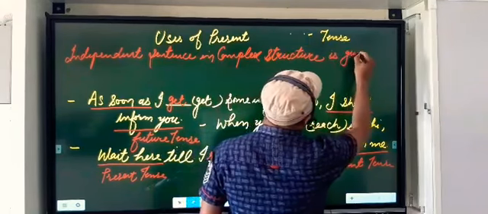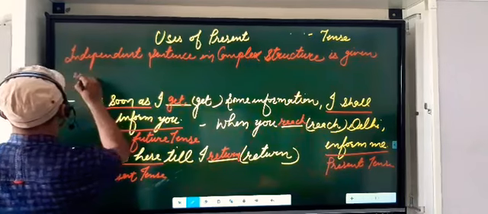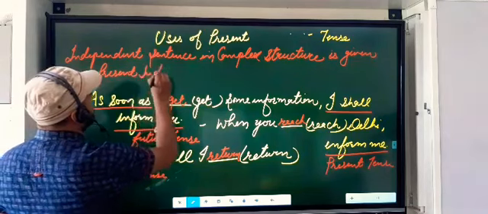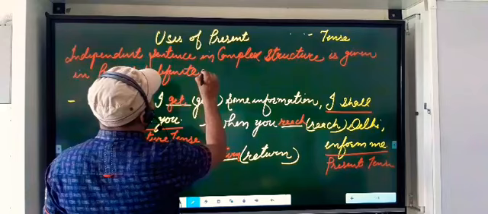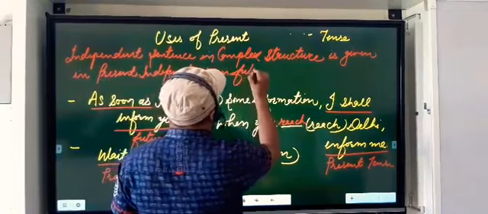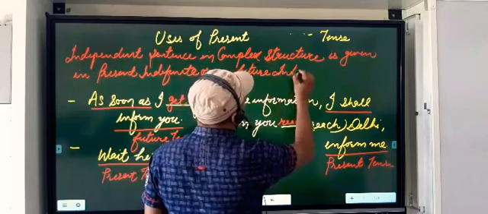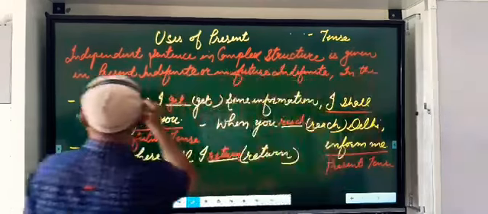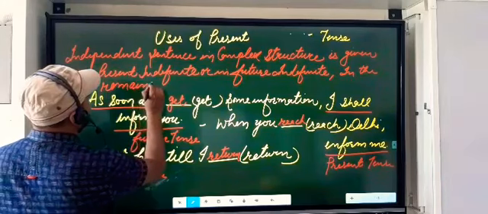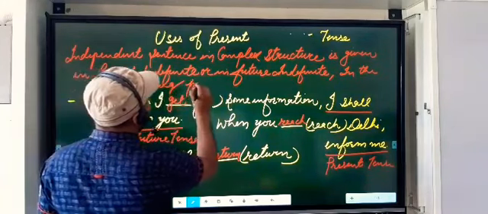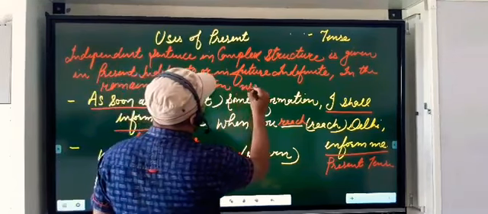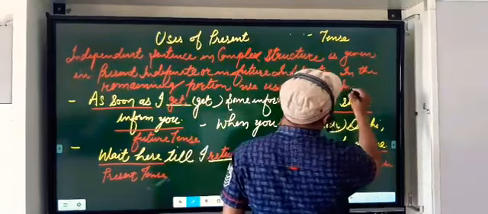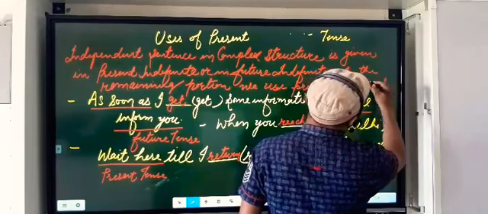If the independent sentence in a complex structure is given in present indefinite or in future indefinite, in the remaining portion we use present indefinite.